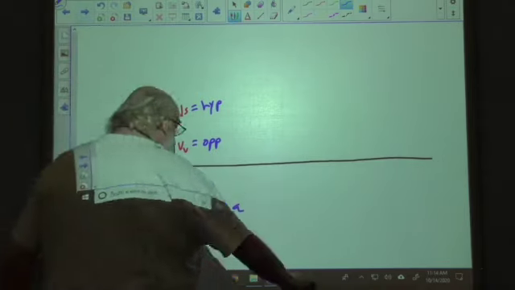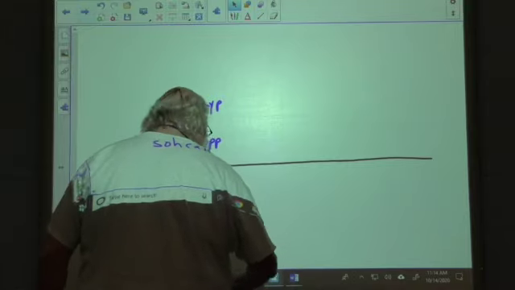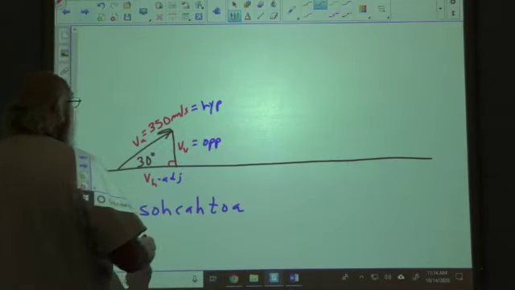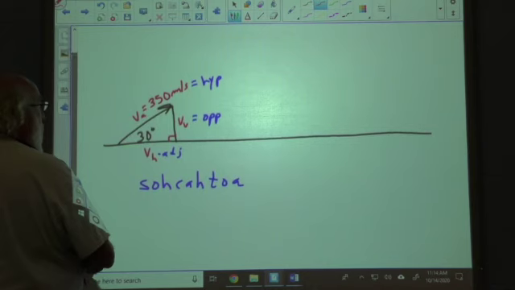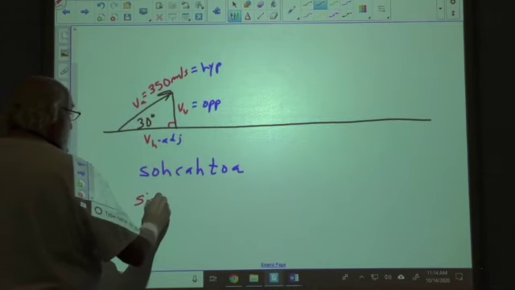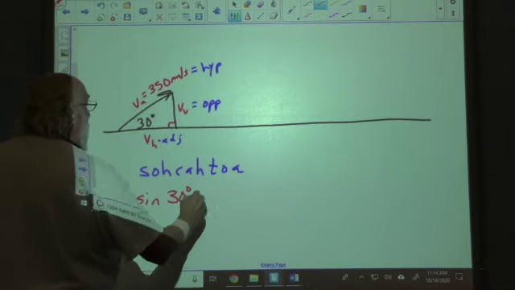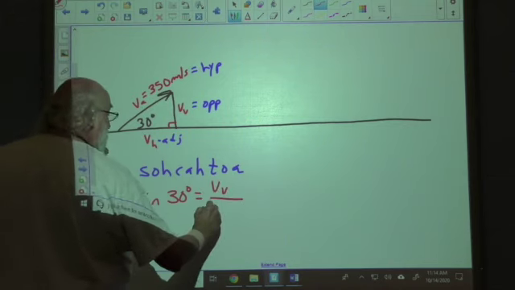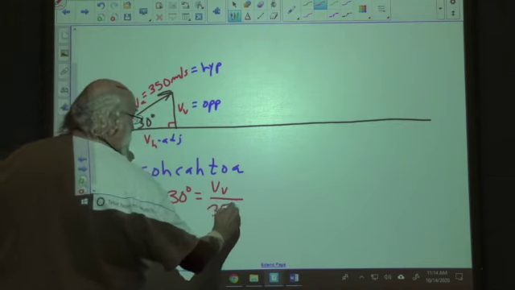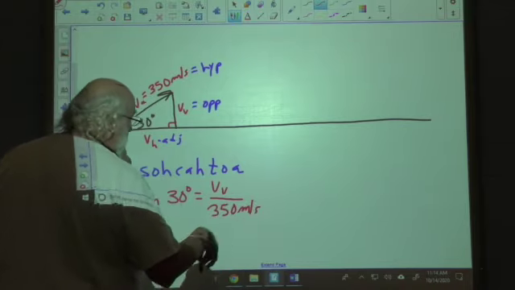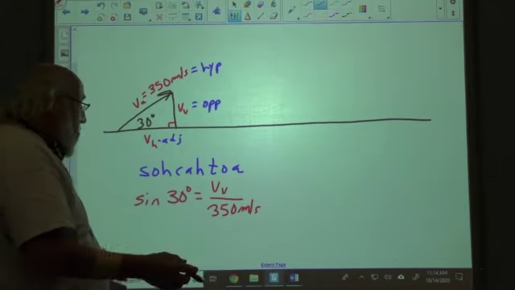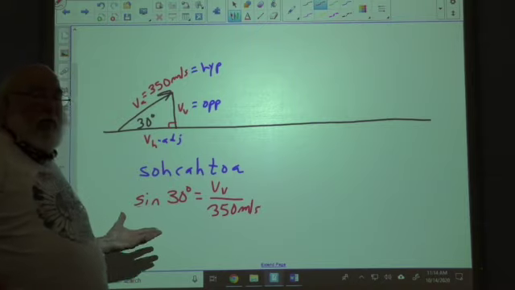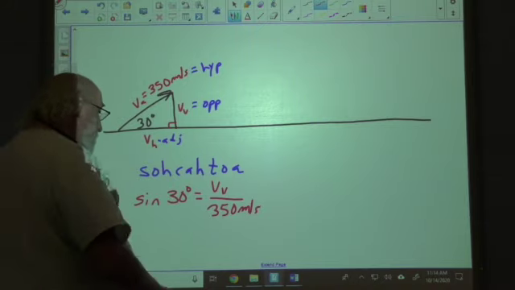So that means the sine of 30 degrees is equal to the opposite, which is our VV, over our hypotenuse, which is 350 meters per second. Well, this is a really easy algebra problem. All we have to do is multiply by 350 to get it over to the other side.